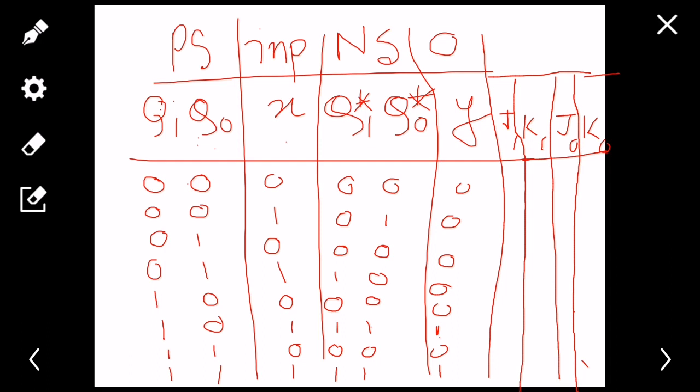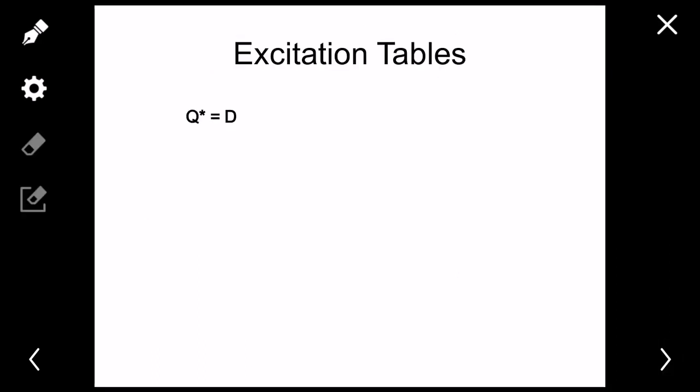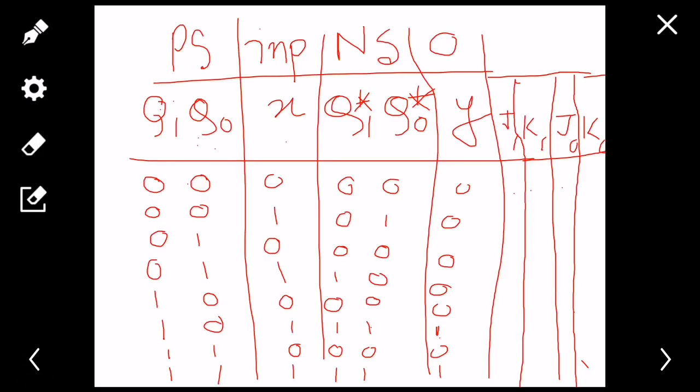Now in order to understand what the inputs J1 and K1 or J0 and K0 will be, you need to understand how an excitation table is formed. I'll make you understand how the excitation table of JK flip-flop comes. In this particular case, you know the present state and the next state.